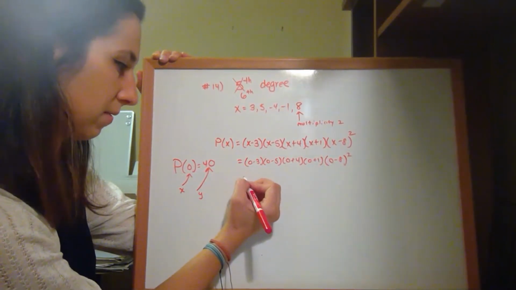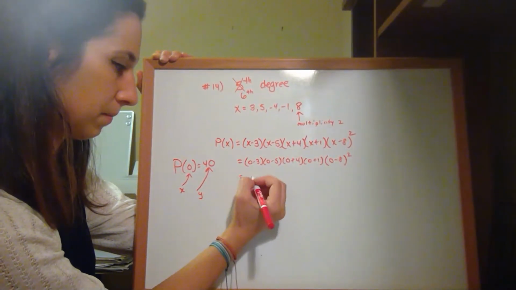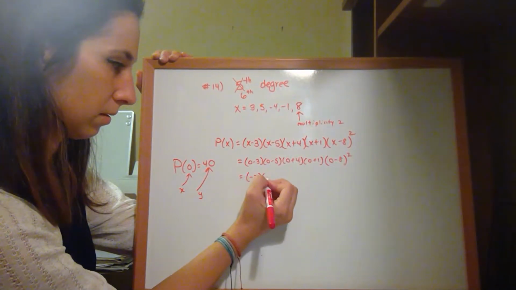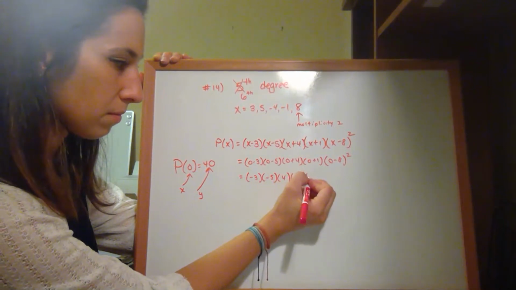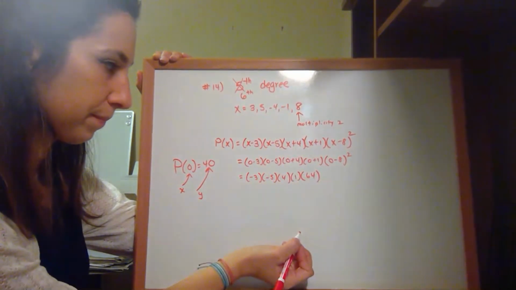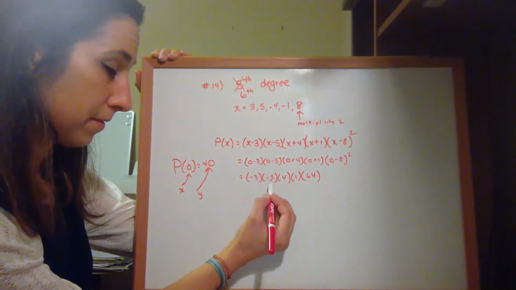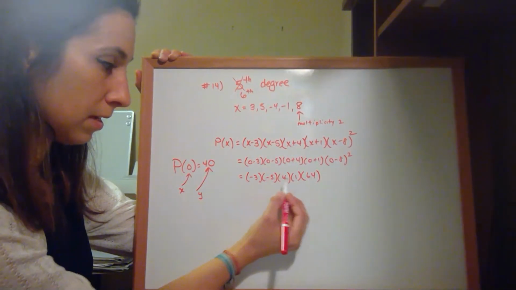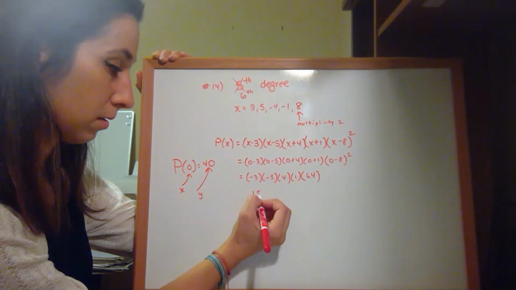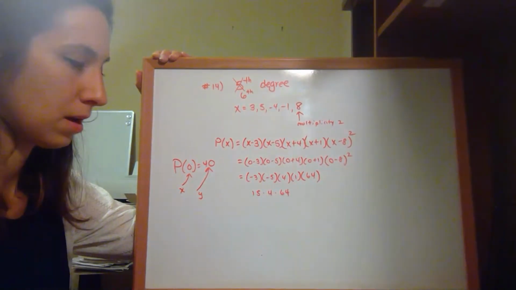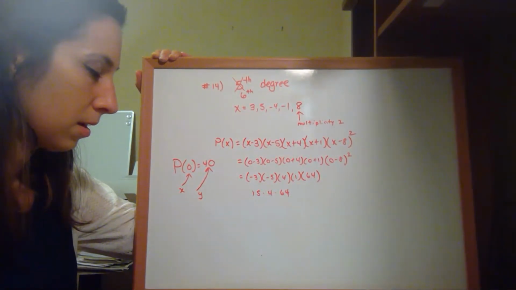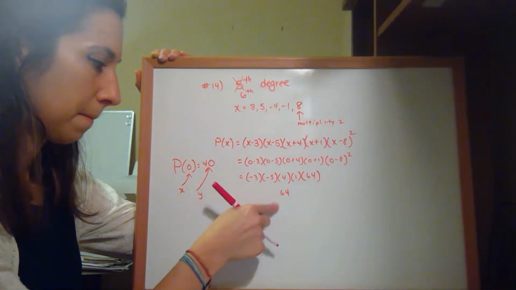Ugh, it's definitely not going to be 40. It's going to be a lot bigger. This is already 15, and then 15 times 4 times 64. Yeah, they're definitely not. This is 60.